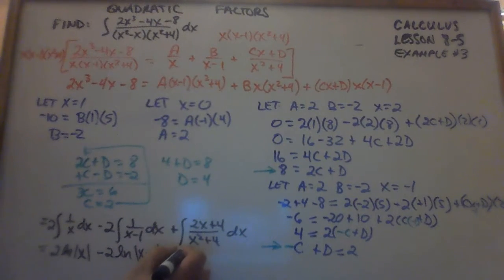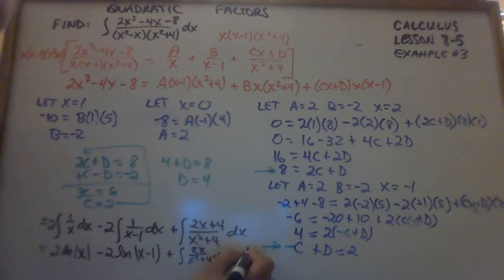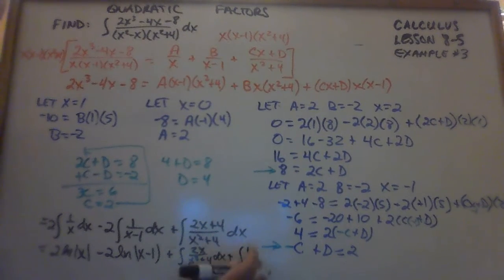So this is going to be the integral of 2x over x squared plus 4 dx plus 4 times the integral of 1 over x squared plus 4 dx right here.